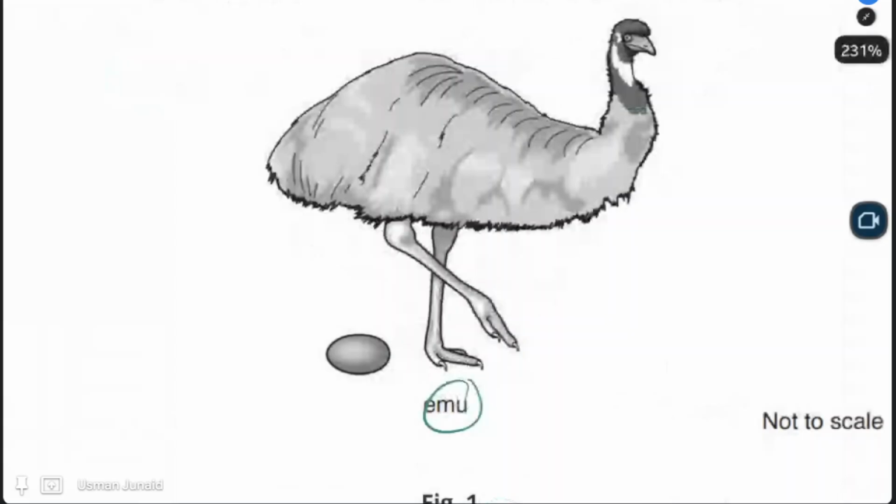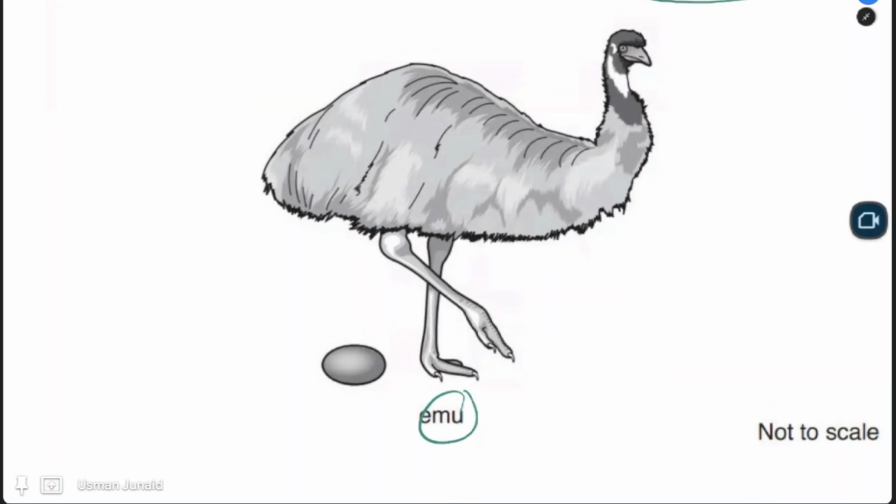What is the group that it belongs to? Can you tell me?